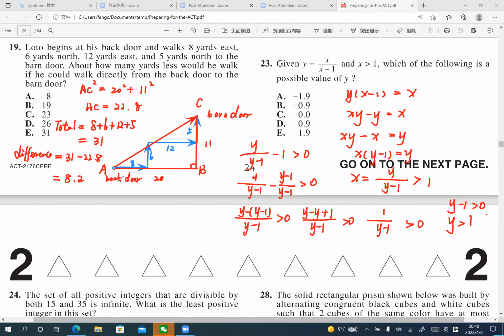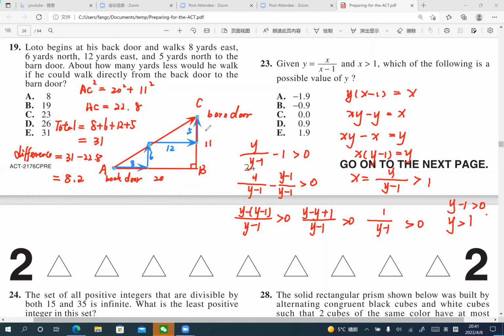From the back door, he first walks 8 yards east, then 6 yards north, then 12 yards east, then 5 yards north. Then he reaches the barn door. I use C to represent the barn door. If he walks directly from the back door to the barn door, the distance should equal the length of AC.